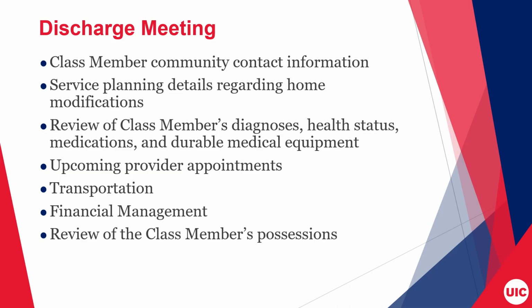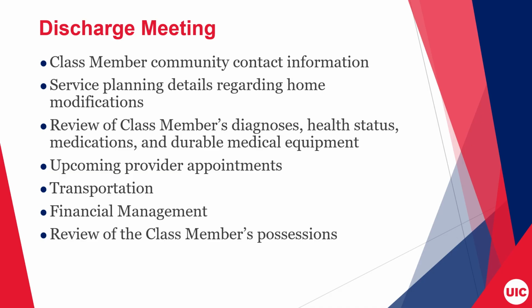Transportation and financial management should be discussed during the discharge meeting, ensuring that the class member has effective plans for both of these domains. If any tasks are outstanding, identify which specific staff at the comprehensive program prime agency or facility are responsible for completing them.